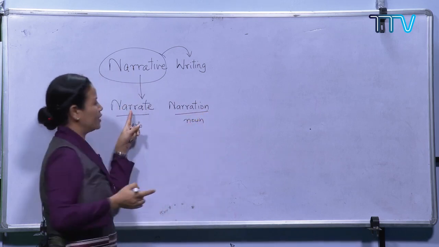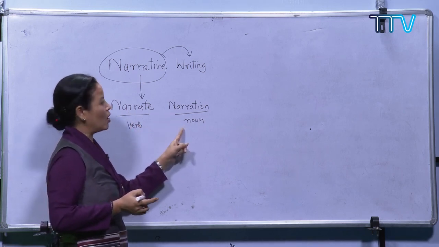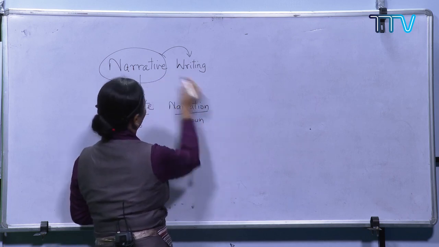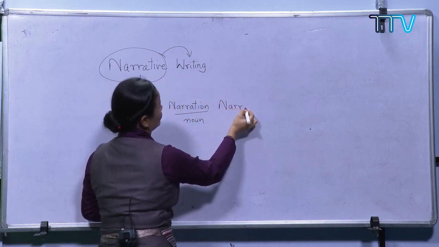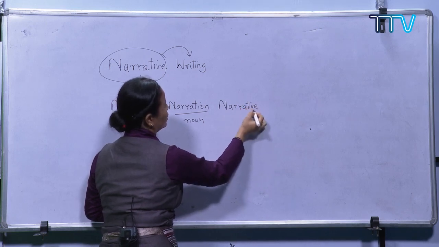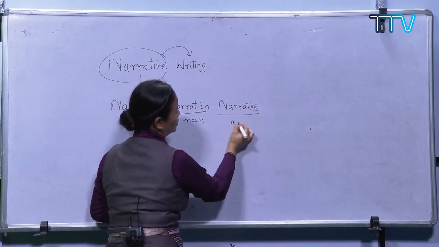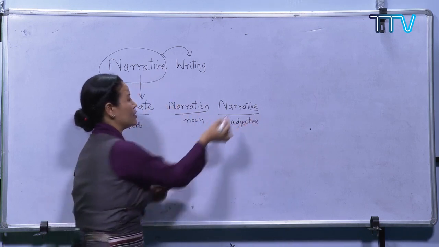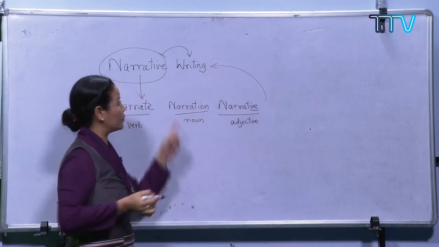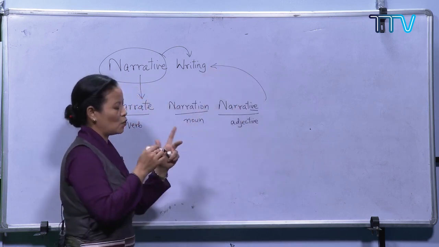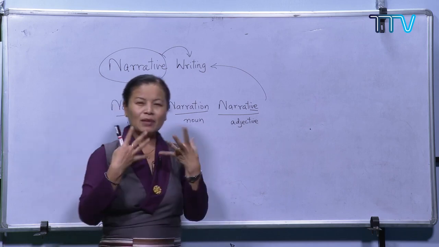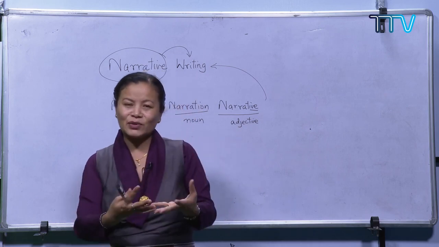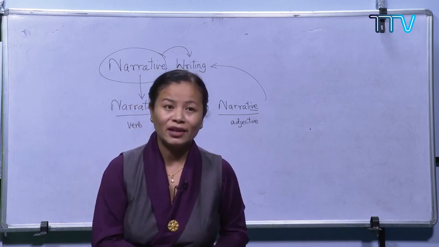Narrate is a verb, narration is a noun, and now if we remove this ION and add IVE, this word becomes an adjective. So, the adjective qualifies the noun here, narrative writing. What sort of writing is this? It's a type of writing where you have some sort of narration. There's a narrator who is narrating the event or story.